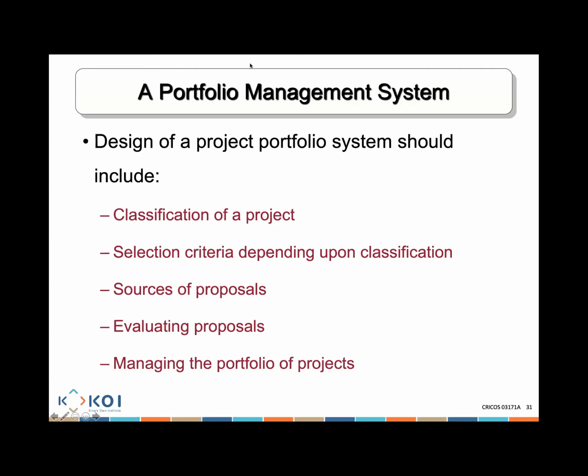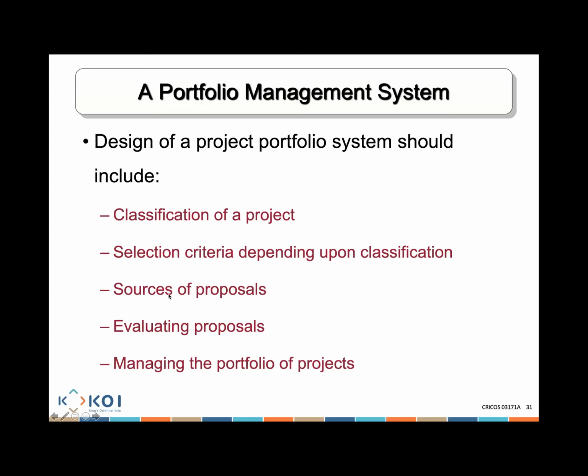Then I need to select a criteria, okay, selection criteria. So let's say I classified it as an operational project. How do we choose which operational projects we are going to work on within the organization? We need to have a criteria to choose. We need to decide the sources of proposals.